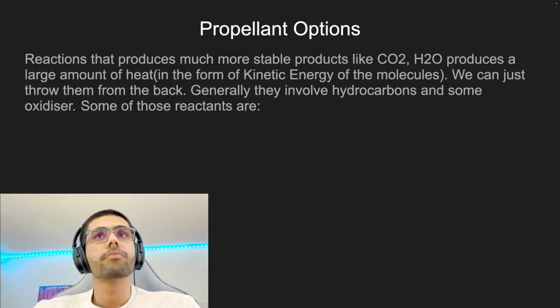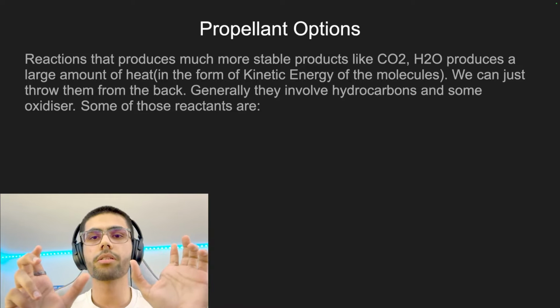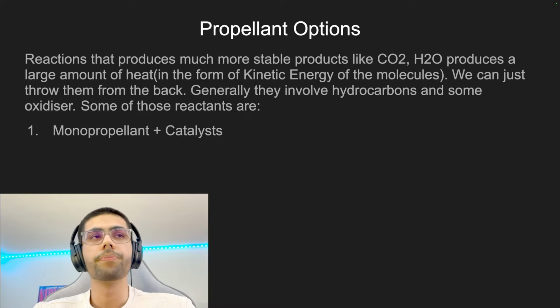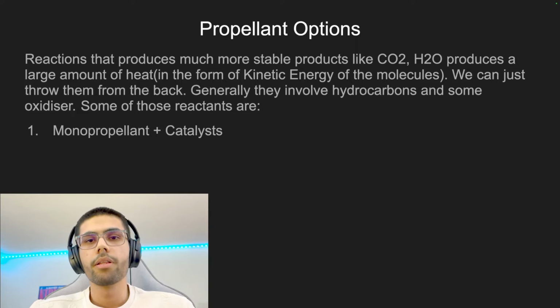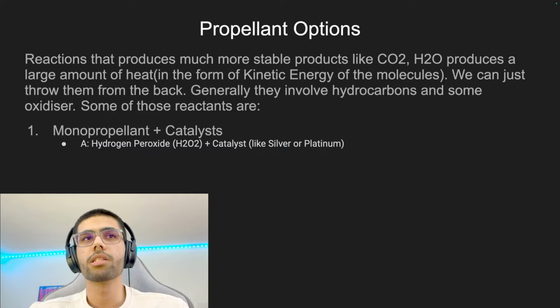Generally, they involve hydrocarbons and some oxidizers in the reactants. Then they combine and create carbon dioxide and water and heat energy. Now, we could use a monopropellant like hydrogen peroxide and a catalyst like silver or platinum.